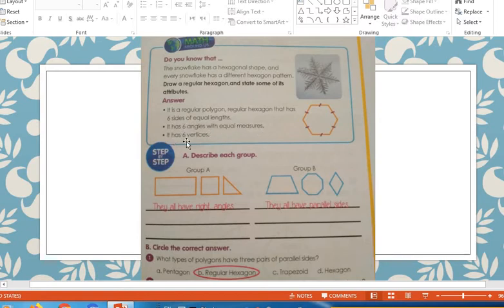It has six vertices. This is called a regular hexagon. Hexagon comes from hex. Six sides of equal length and equal angle measures. How many vertices here? 1, 2, 3, 4, 5, 6. So I have six vertices.